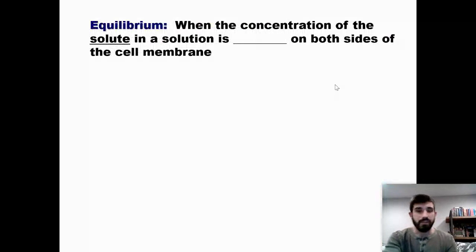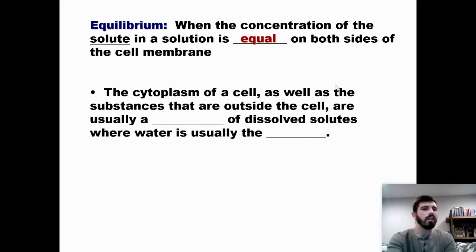Here's the exact definition: when the concentration of solute in a solution is equal on both sides of the membrane. So the cytoplasm of the cell, as well as the outside of the cell, those are both solutions, right?